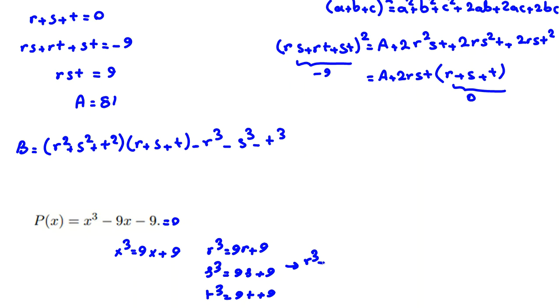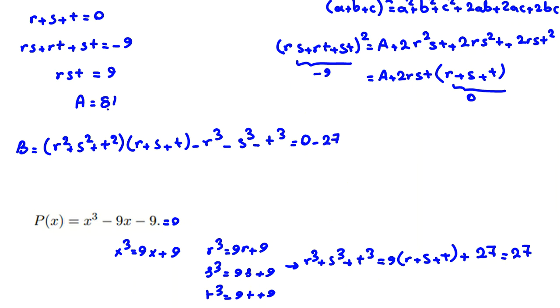If we add, r cubed plus s cubed plus t cubed equals 9 times r plus s plus t plus 27. Here r plus s plus t is 0, so it will be 27. 27 is because 9 plus 9 plus 9. So r cubed plus s cubed plus t cubed is 27, and B will be 0 minus 27.